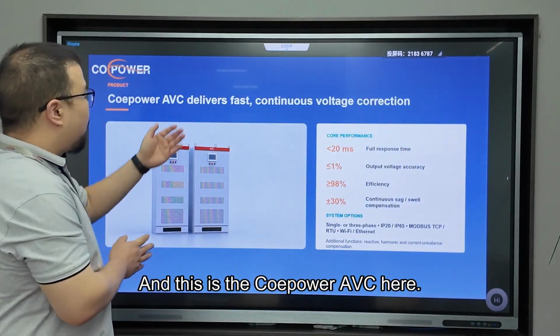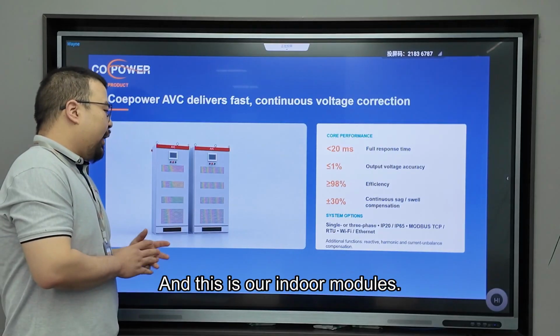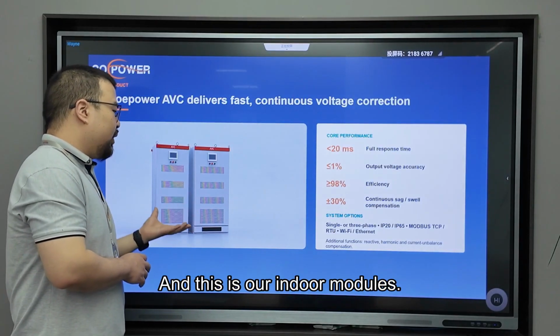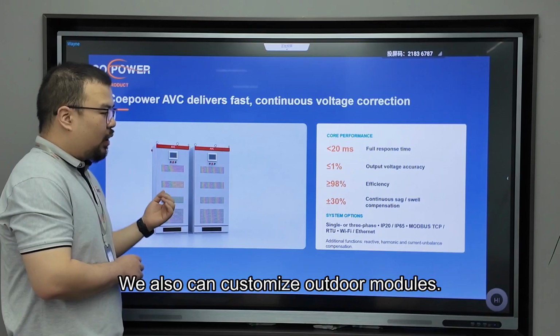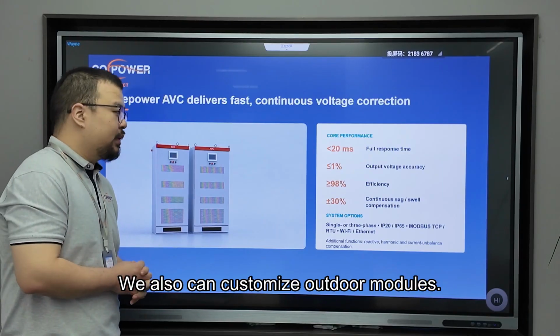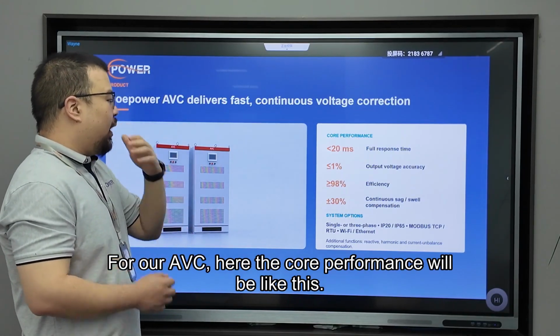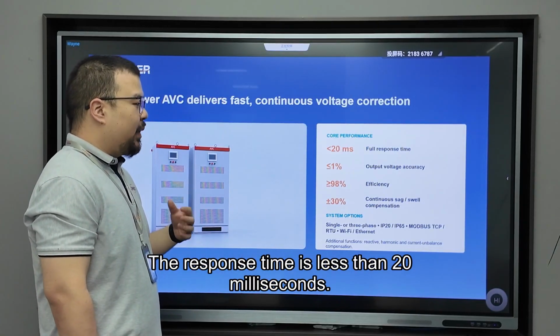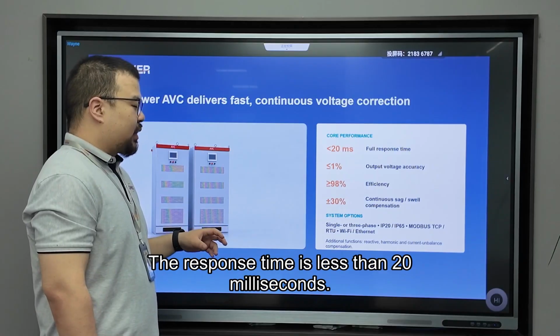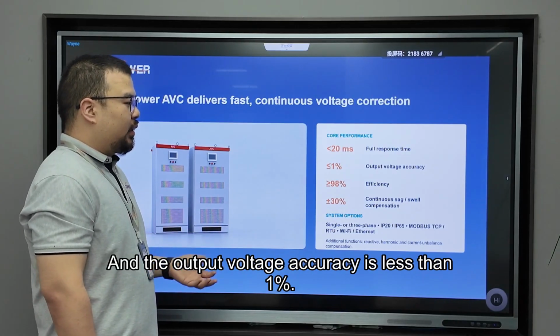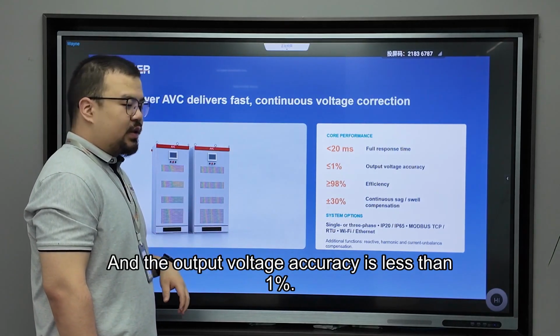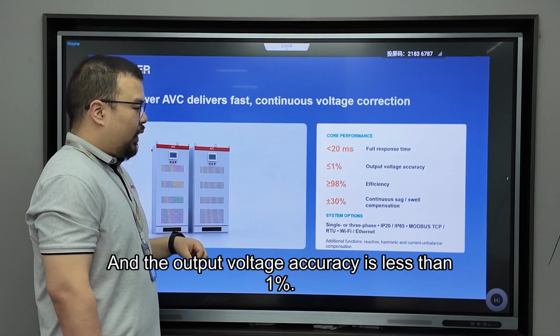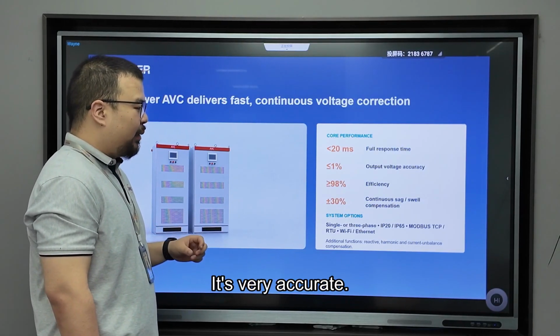And this is Koei Power's AVC here. This is our indoor module. We can also customize outdoor modules. For our AVC, the performance is like this. The response time is less than 20 milliseconds, and the output voltage accuracy is within 1%.